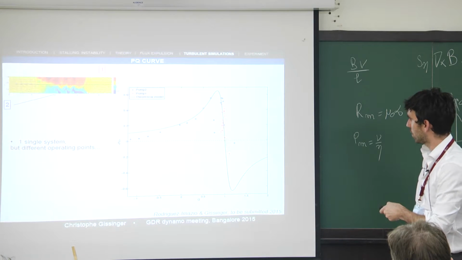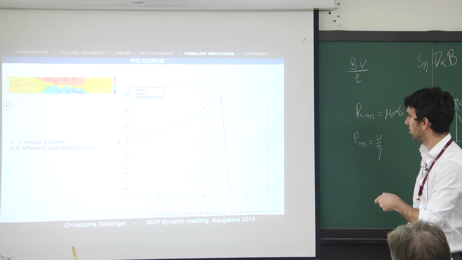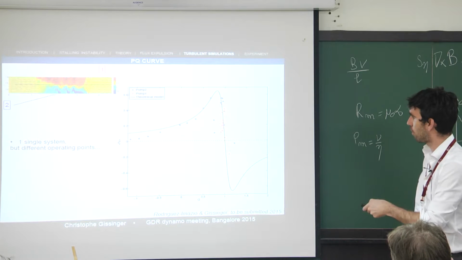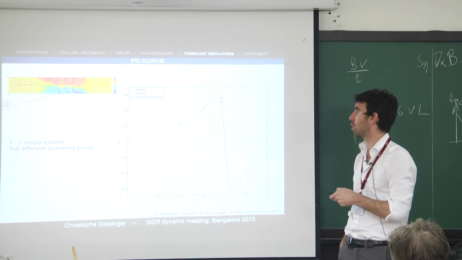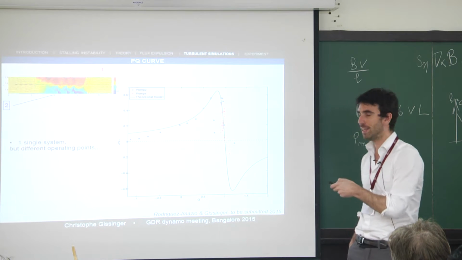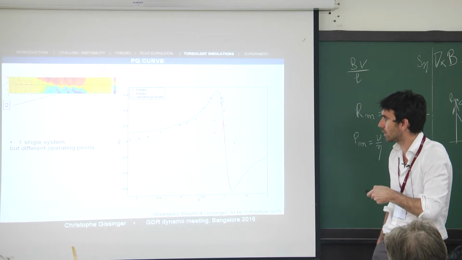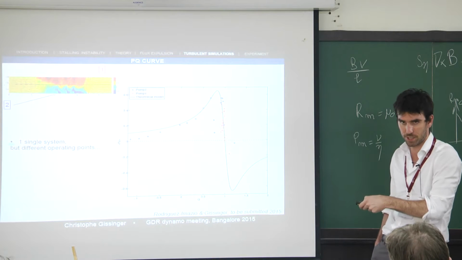What is surprising is that all these dots collapse on the same curve, which is the theory that I described before. So what does it mean? It means that we have a single system, but each region of the fluid, when the flow is turbulent enough, is operating on different functioning points of its force–flow rate characteristic.